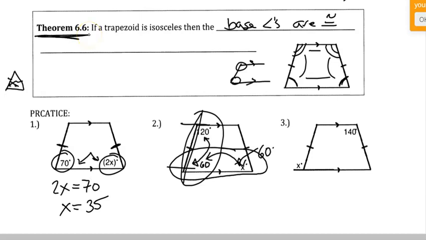On here, we kind of need to jump around. This one's 140. I'm going to do the supplementary angles first. So I'm going to figure out what this is over here. They must add to be 180 because you have SSIA. So that's going to be 40. If that's 40, then what's this one going to be? 40.